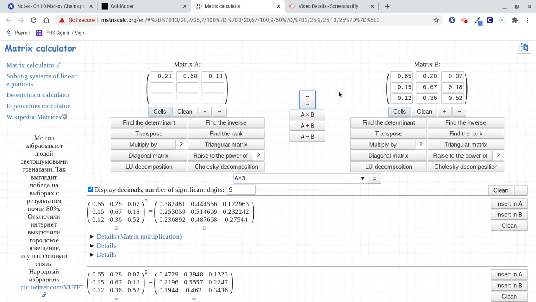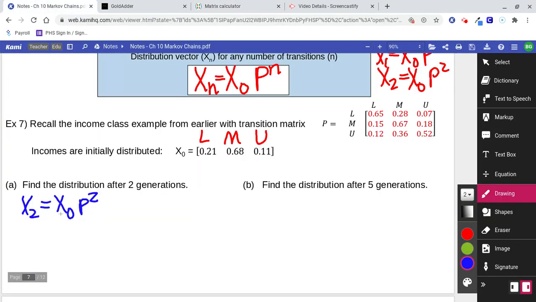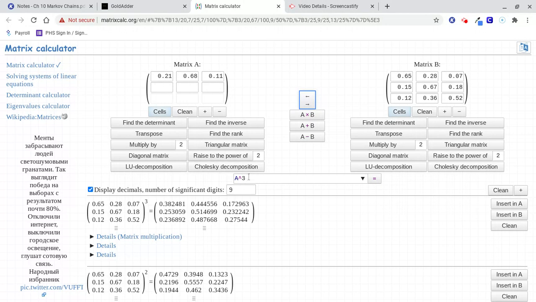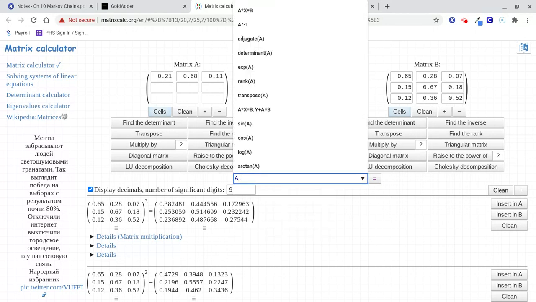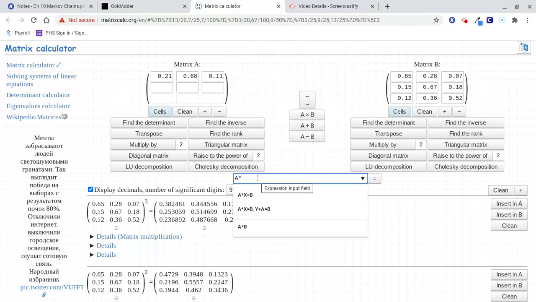Didn't really need to do that, but I think it's easier on the eyes. So think about what we need. We need that initial times the transition squared. So that's what we have to type in there. We're going to have A times B caret 2. A times B squared.